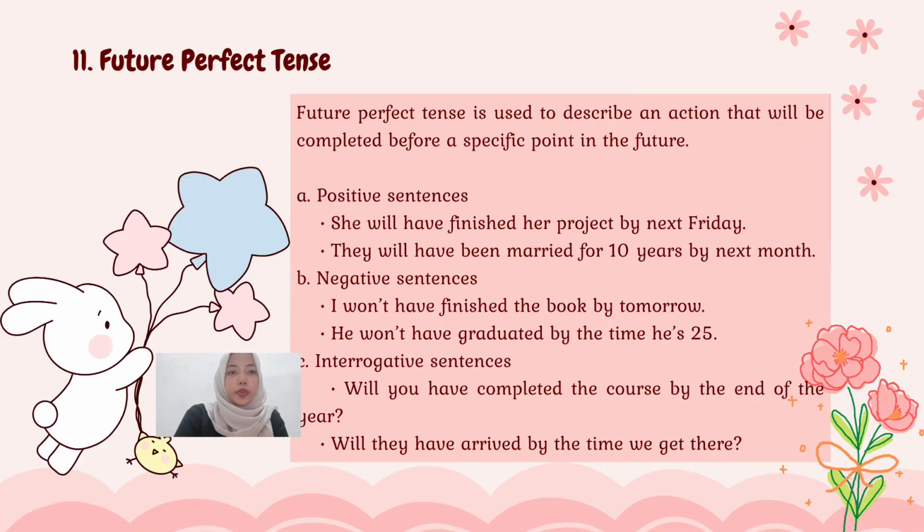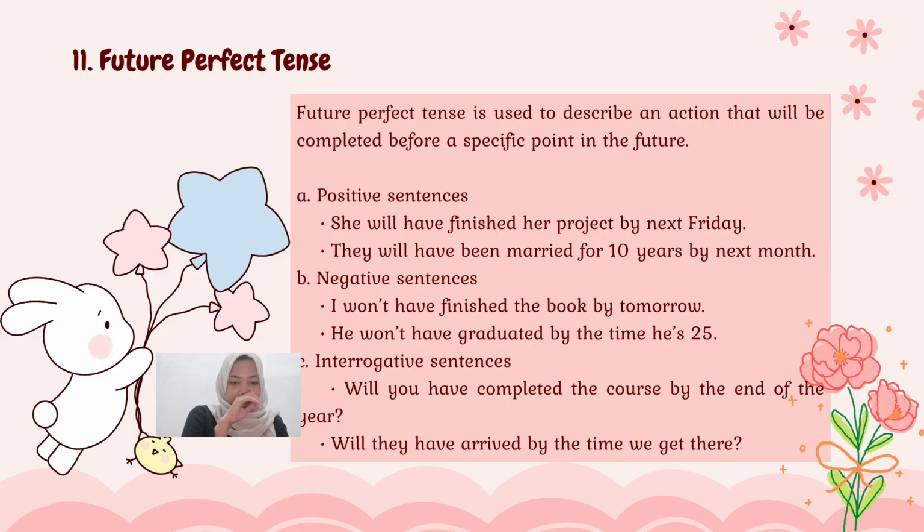Next, future perfect tense. Future perfect tense is used to describe an action that will be completed before a specific point in the future. For example, in positive sentence, she will have finished her project by next Friday, and they will have been married for 10 years by next month.